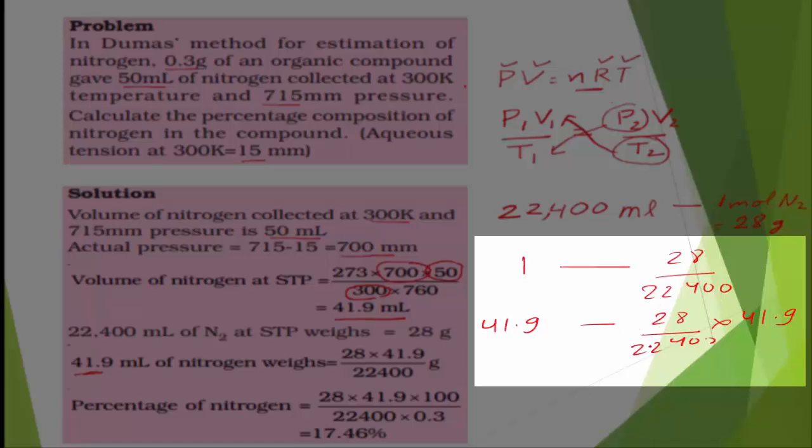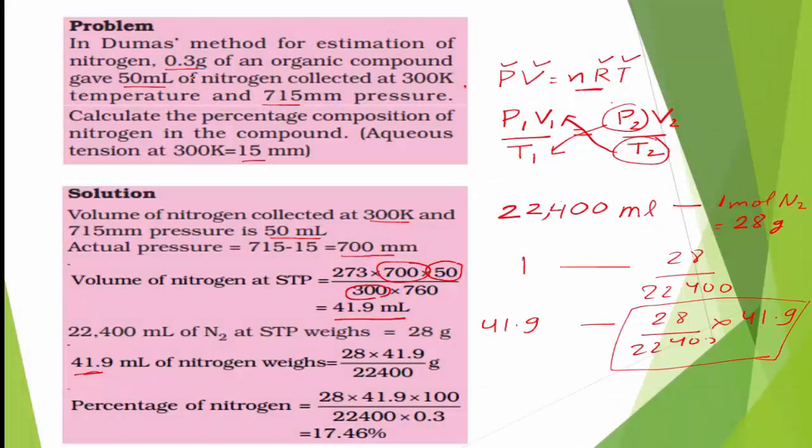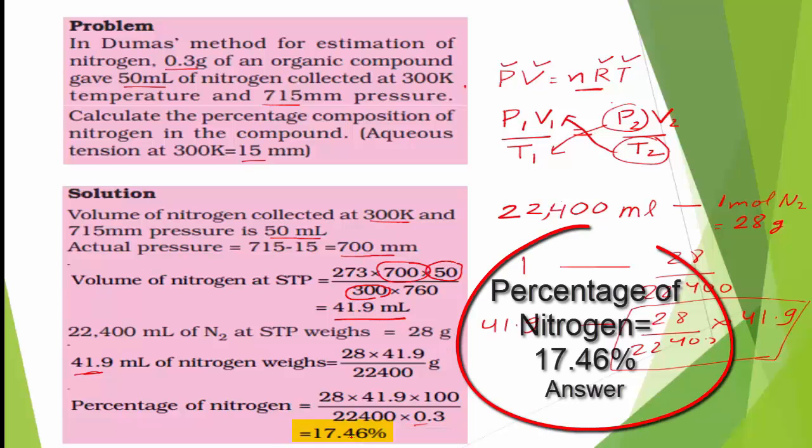Either you can do the calculation here or just leave it as it is. Then you have to find the percentage of nitrogen. Just divide this quantity by the amount of sample, that is 0.3, and multiply by 100. So finally you will get 17.46%.